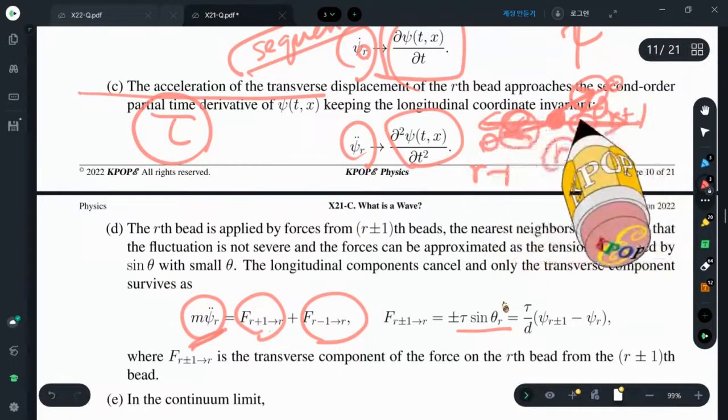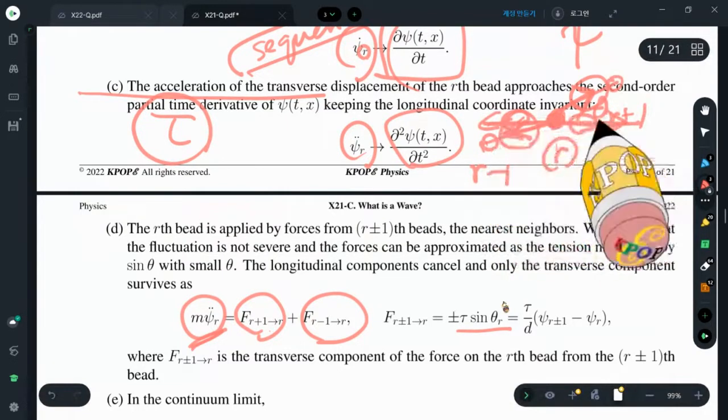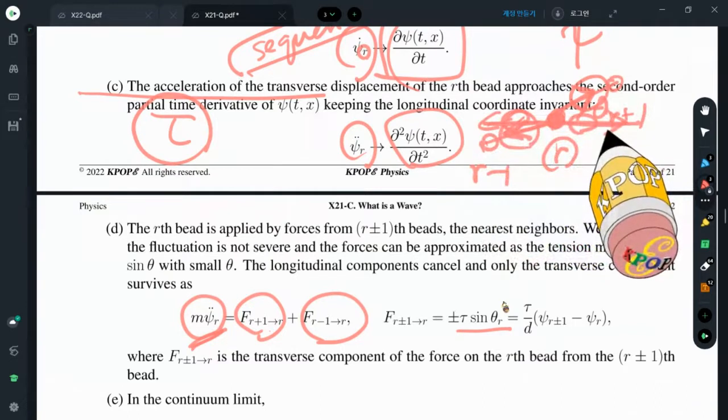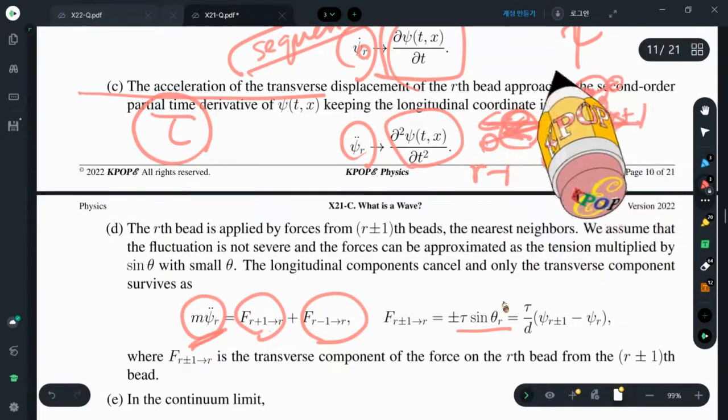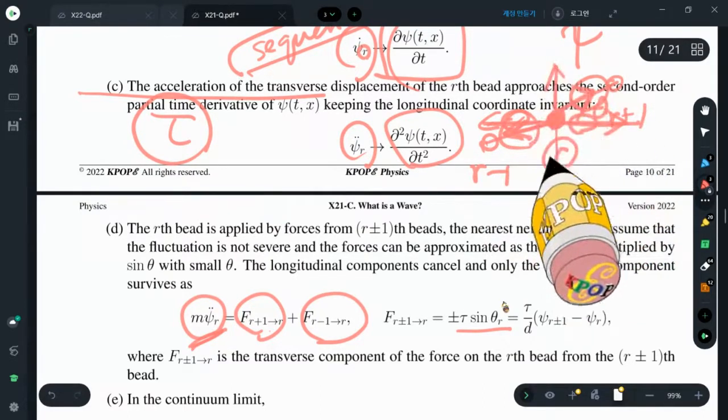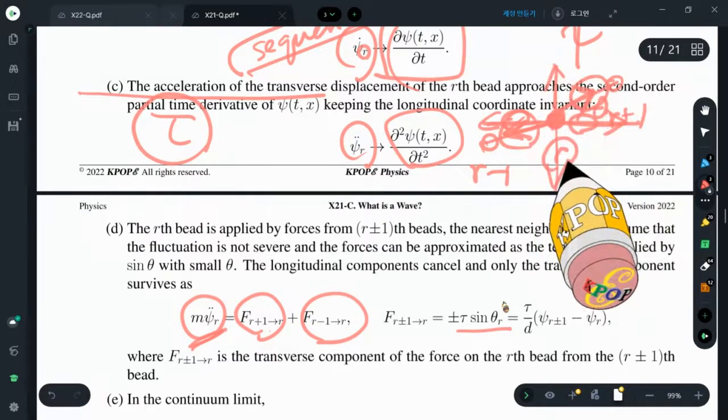These two longitudinal forces cancel almost exactly, and only the transverse force applies.